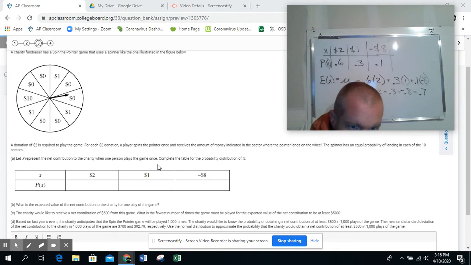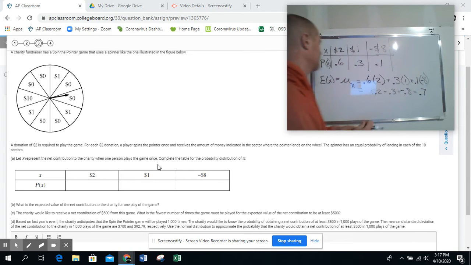And then it says the charity would like to receive a net contribution of $500 from this game. What is the fewest number of times the game must be played for the expected value of the net contribution to be at least $500? So, well, it's 70 cents per play. So the expected value, I want this to be $500.